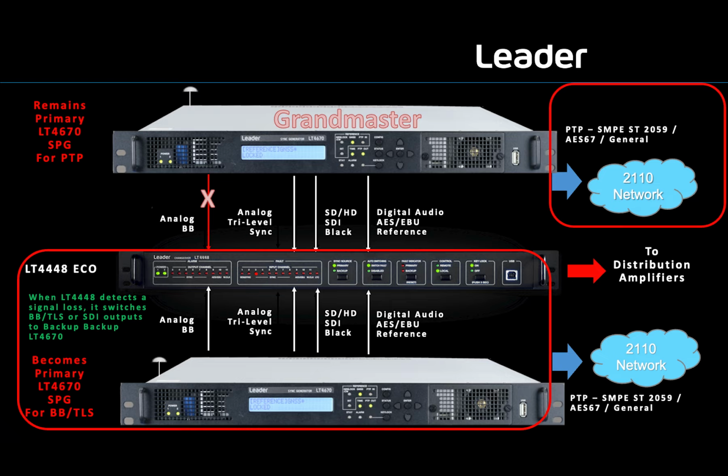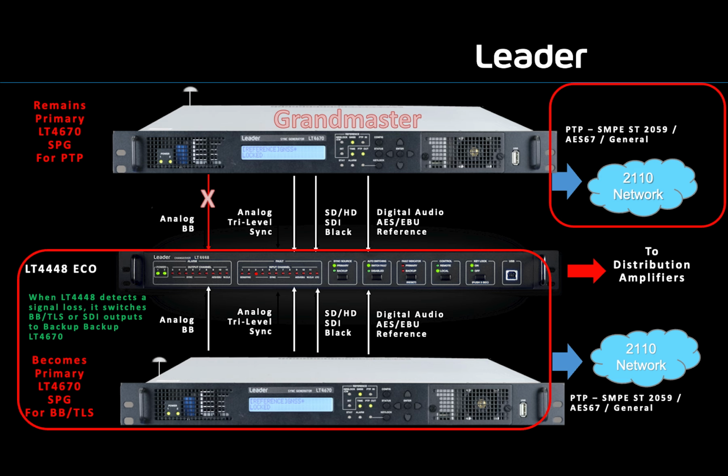However, because the LT4448 Changeover Unit is not part of the best master clock algorithm, the primary LT4670 continues to act as the PTP Grandmaster, even though its baseband references have failed.